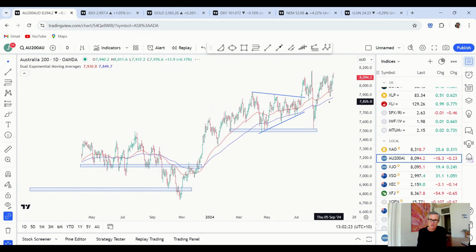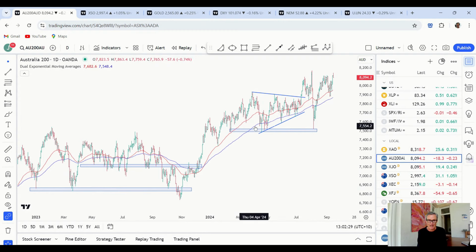First thing I look at when I look at a chart structure is the moving averages. I've got the 50 and the 100-day moving averages on this chart, and they are rising. The price for the ASX 200 is also above rising moving averages.